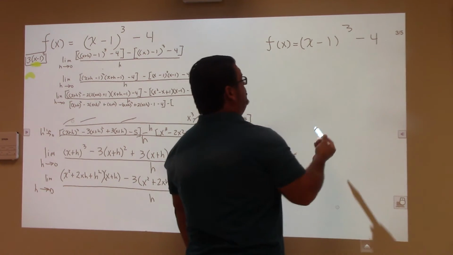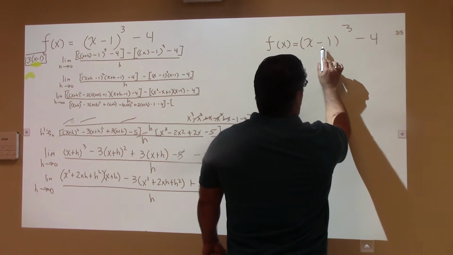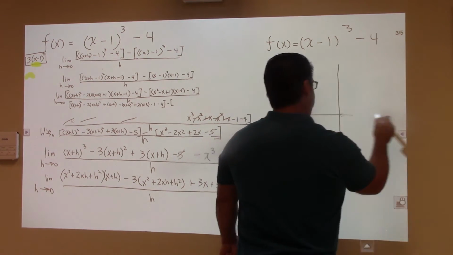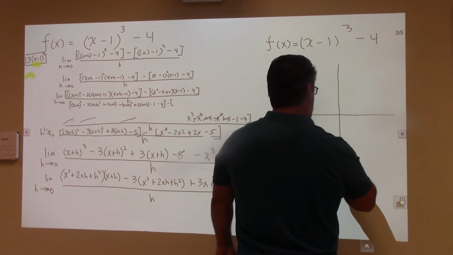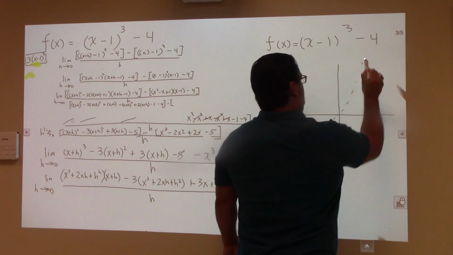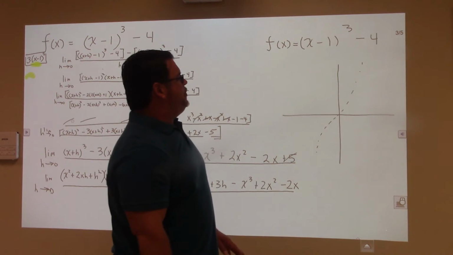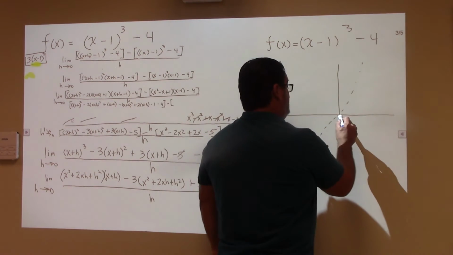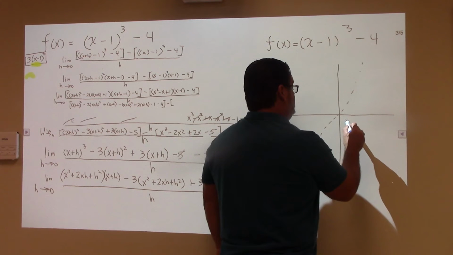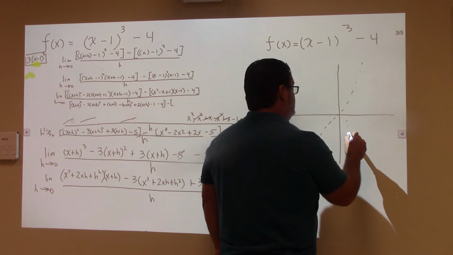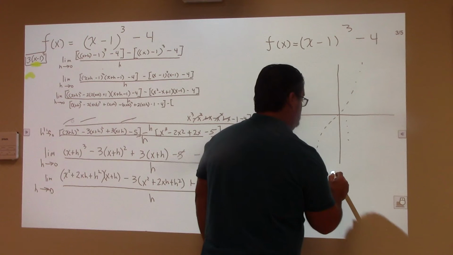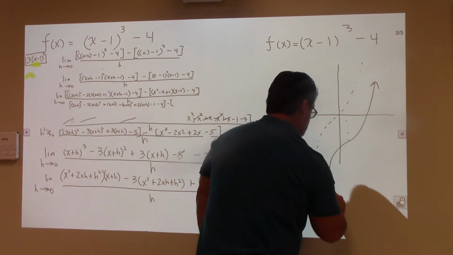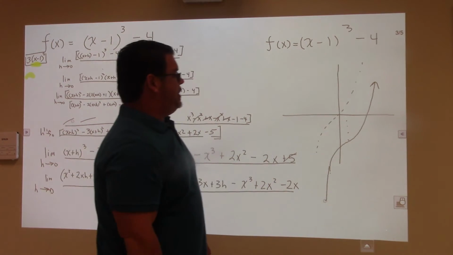And of course, you know it's got a vertex. You've got a horizontal shift of 1 to the right and 4 down. So there's your actual graph.